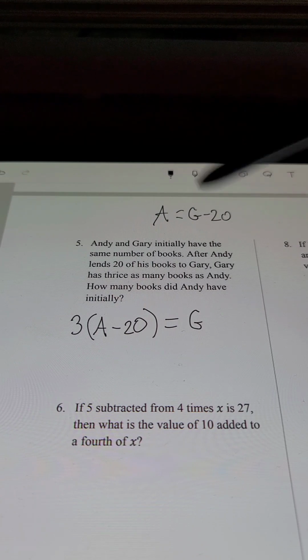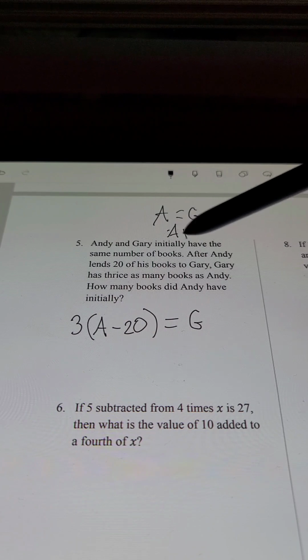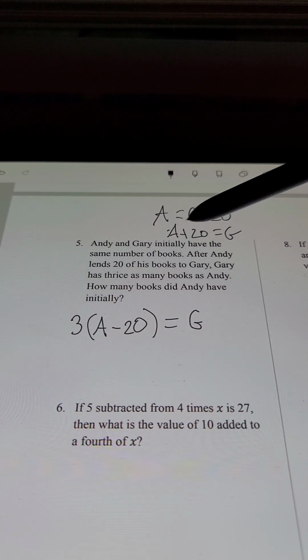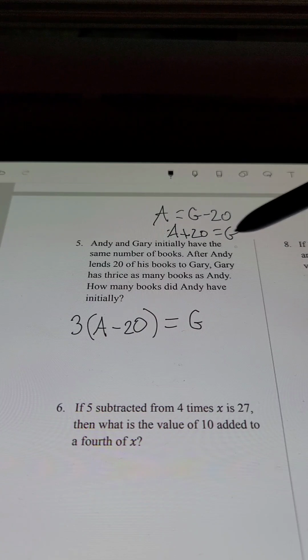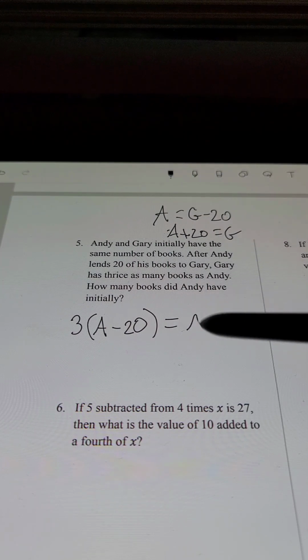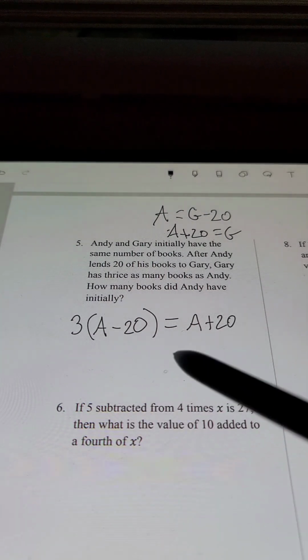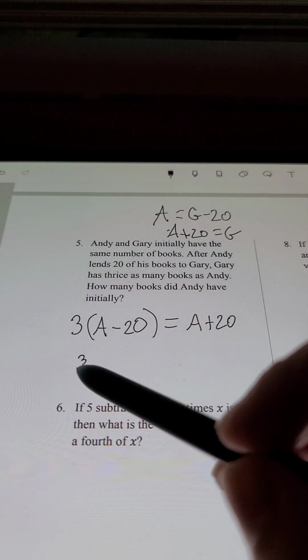So we could switch that up to get G by itself by adding 20 to each side, and we could say A plus 20 is equal to Gary. Basically, Andy's initial amount plus 20 books equals Gary's amount now, and we could replace the G over here with A plus 20. So now we just have to solve for A.